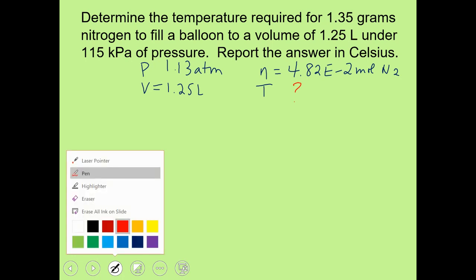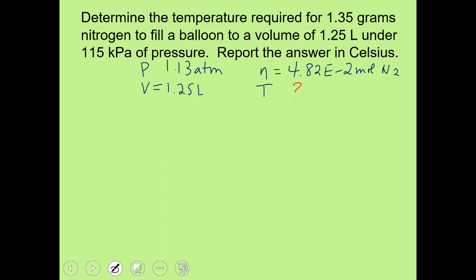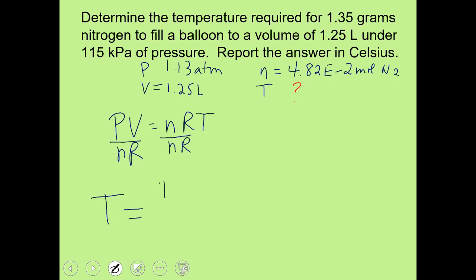Okay, so you can take your equation and solve for the temperature. PV equals nRT. To solve for temperature, we've got to divide both sides by nR. So the temperature is going to be equal to PV over nR. And really from there, you just take your numbers from above and plug them in.